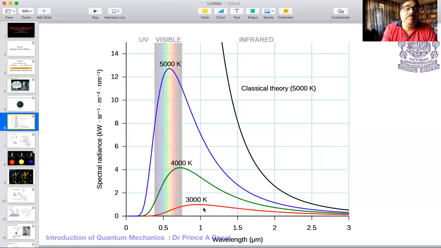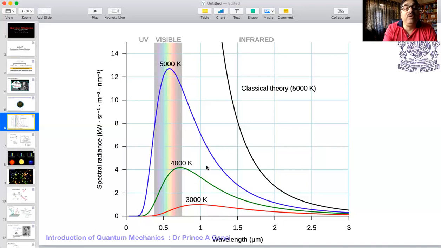Another empirical rule was that as the temperature increases, the wavelength becomes shorter and shorter; the shorter the wavelength, the higher the temperature of the body. So the temperature of the body could be easily related to the wavelength at which it emits the maximum radiation. But the problem in physics was that there was no classical theory that could explain this graph.